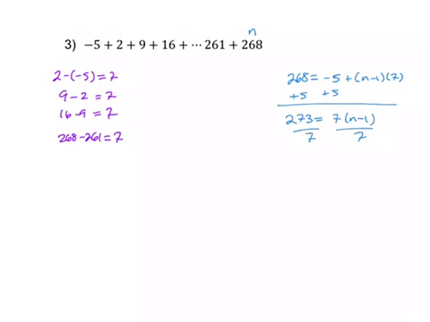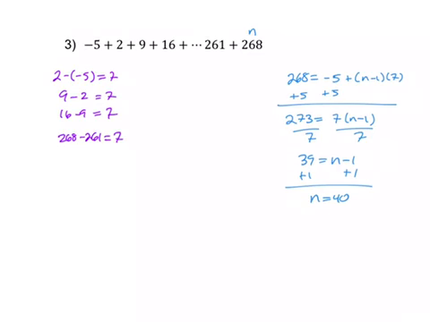I'm going to divide by 7. This is 39 equals n minus 1, plus 1 on both sides. So this n is 40. So that means that the 268 is in the 40th position of this exercise.